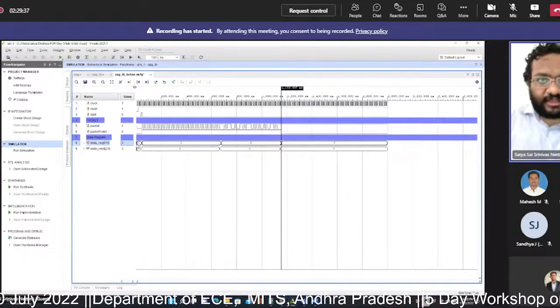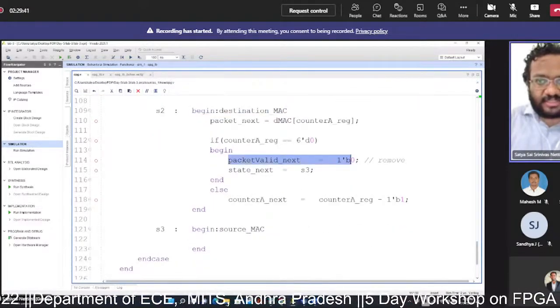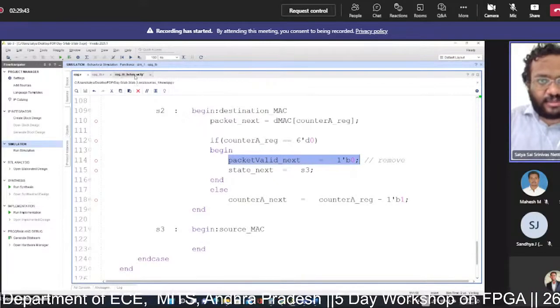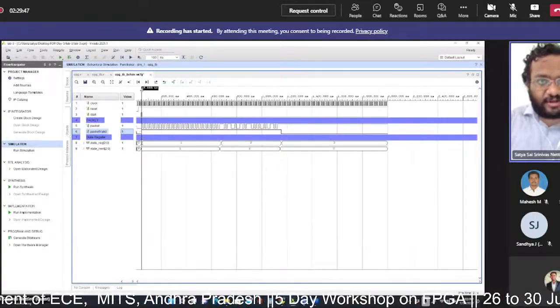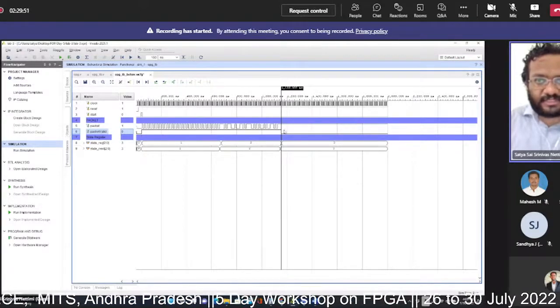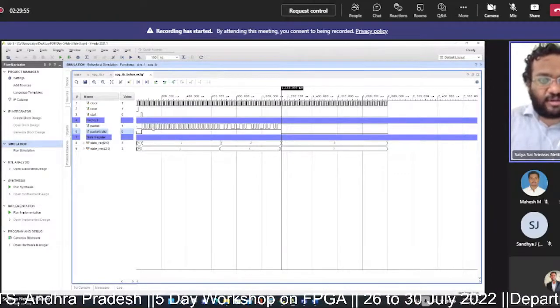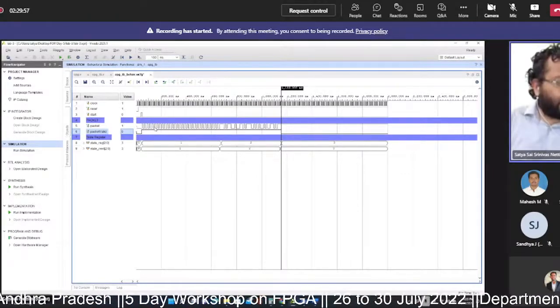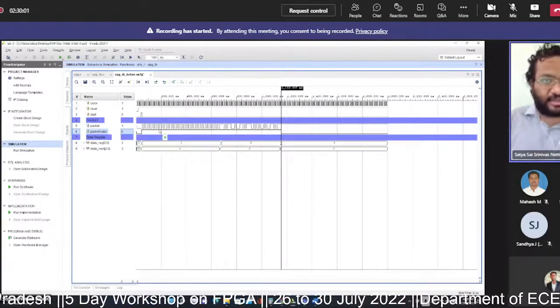For the time being, I made the packet valid signal 0. Here you can see packet valid became valid at 45 nanoseconds, and at 1155 nanoseconds it is 0. Within this range we have how many fields? Preamble, start frame delimiter, destination MAC address.